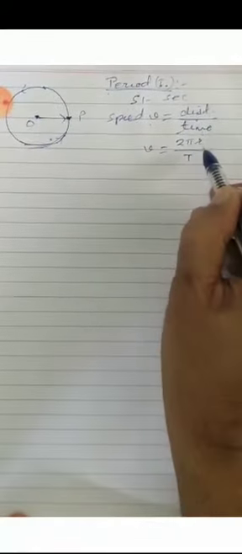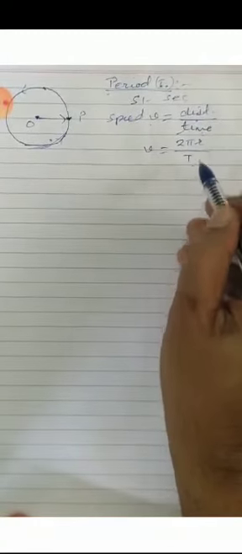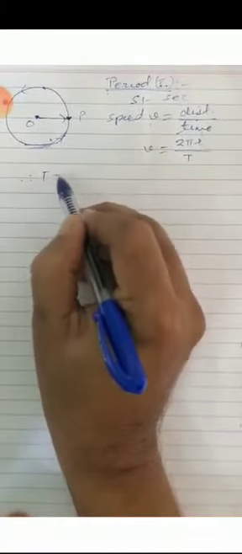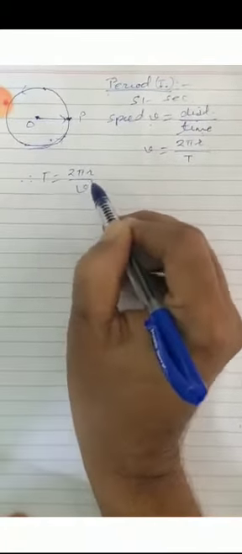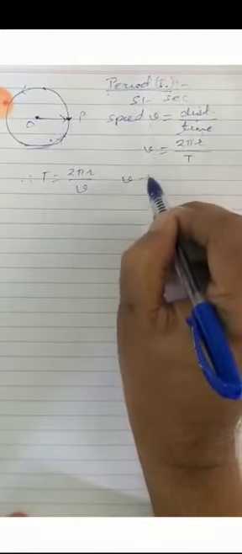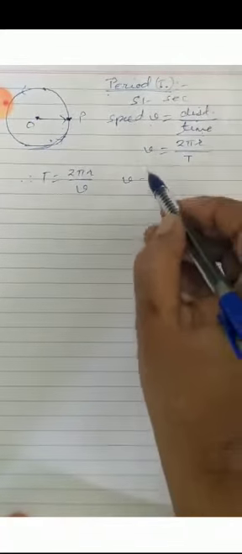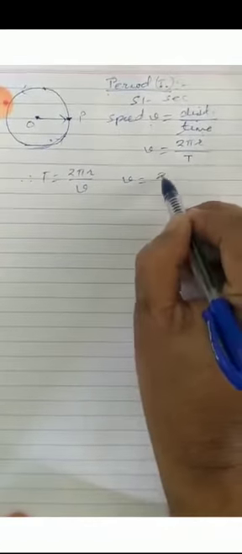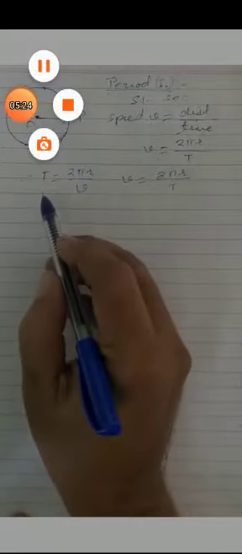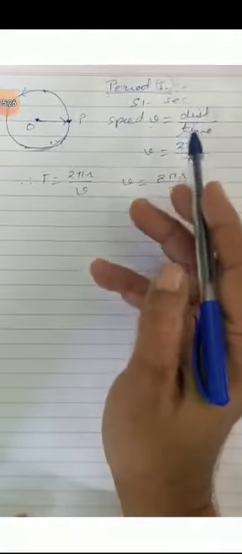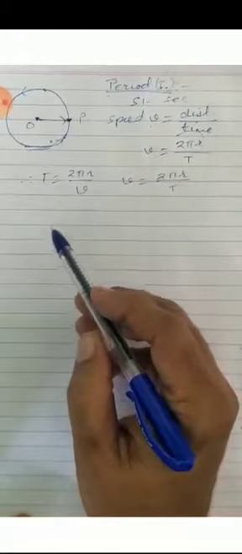So V is equal to 2 pi R upon T. So the formula for T becomes 2 pi R upon V, or we can write V is equal to 2 pi R upon T. Okay. So period has SI unit second, and the time required for one complete revolution is called period.